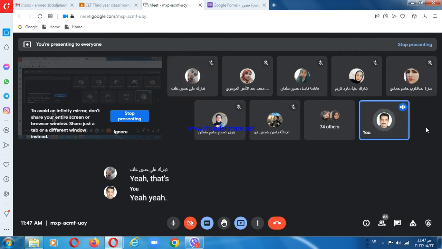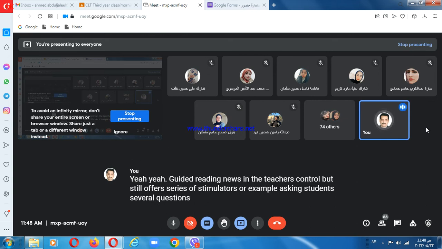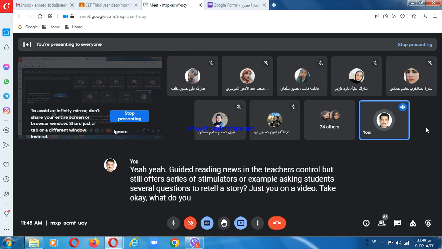Guided writing loosens the teacher's control, but still offers a series of stimulators, for example, asking students several questions to retell a story just viewed on a videotape. Okay. What do you mean by loosening the teacher's control?